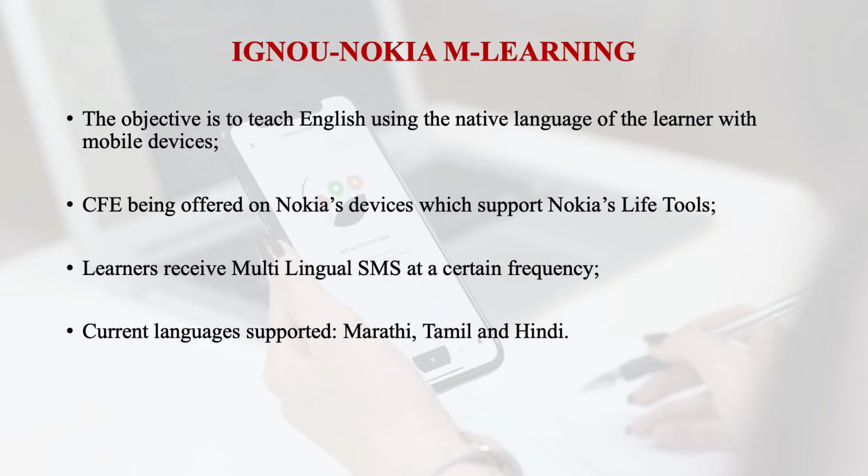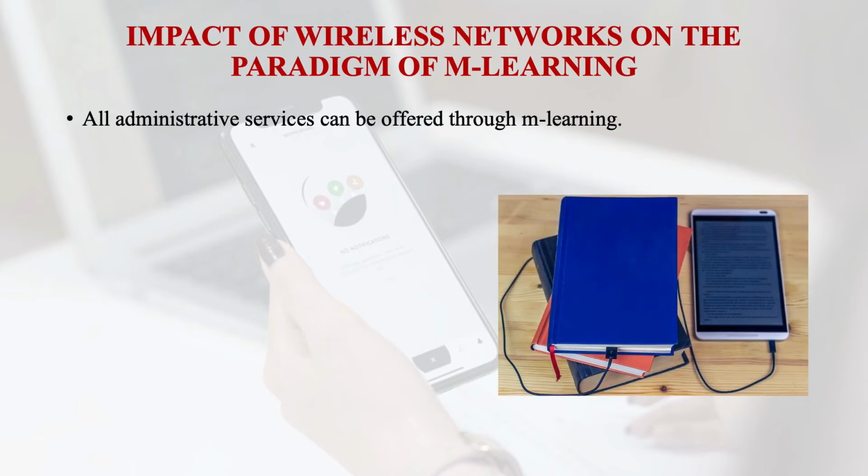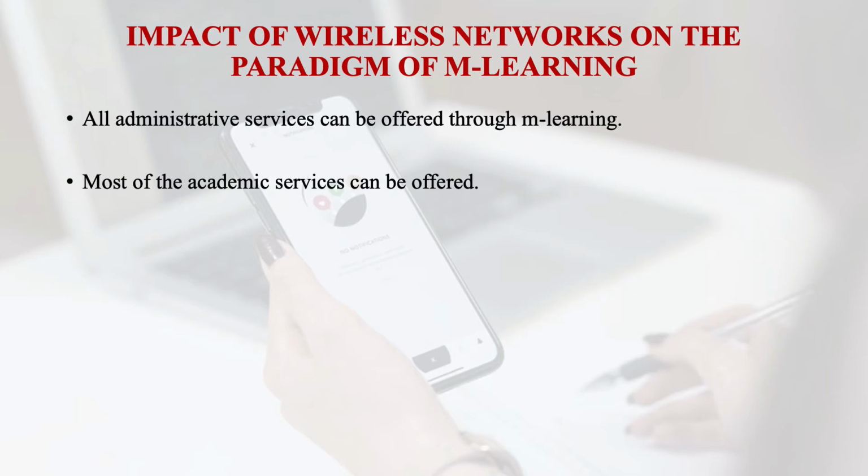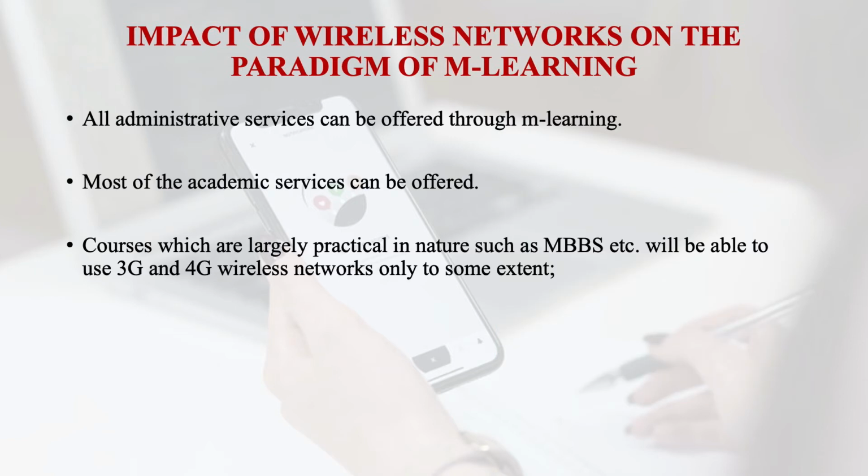Now, let us see to what extent wireless networks have an impact on the paradigm of mobile learning. All administrative services can be offered through mobile learning. Most of the academic services can be offered, like courses which are largely practical in nature, such as MBBS and engineering. They will be able to use 3G and 4G wireless networks to some extent.